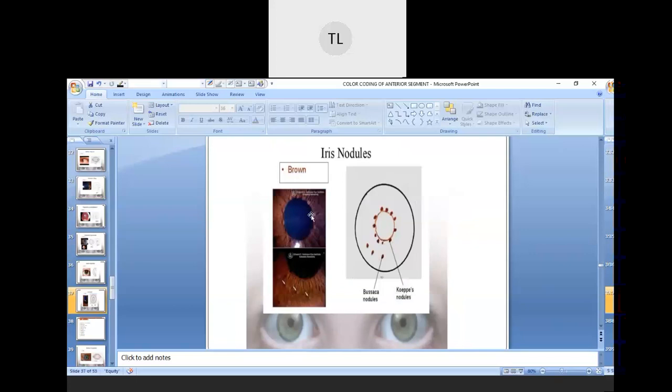If these nodules are present at the center, at the pupillary margin, they come under Koeppe nodules. If these are in the iris, in this area, we call them Busacca nodules. This is how we are going to draw it, and if you know the name, then it's better to mention it. Okay, so the another color.